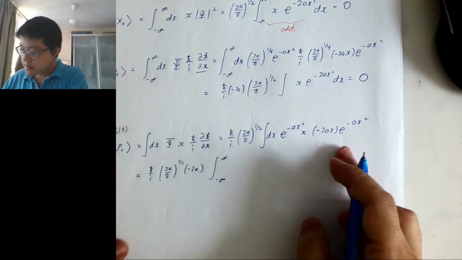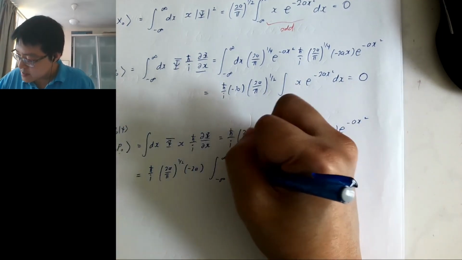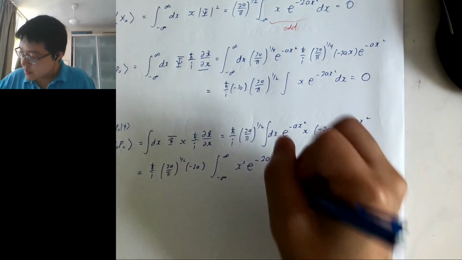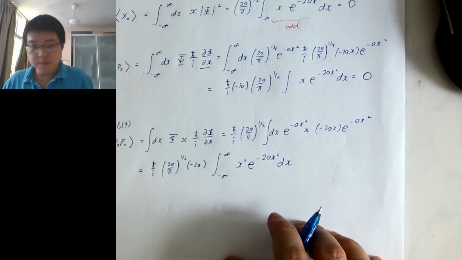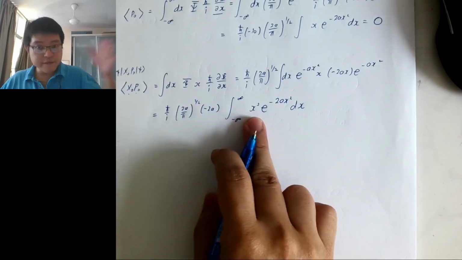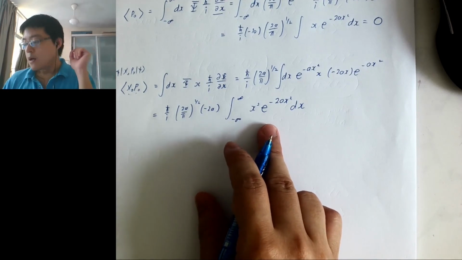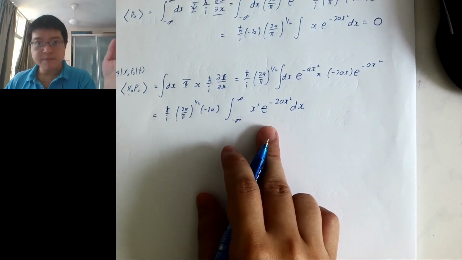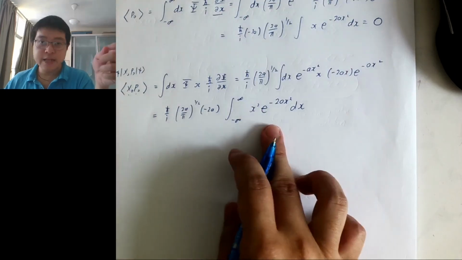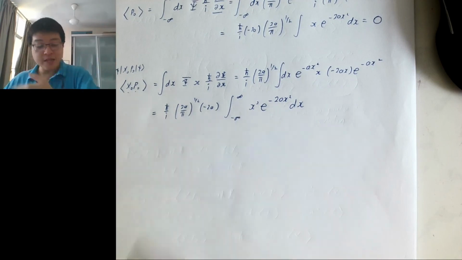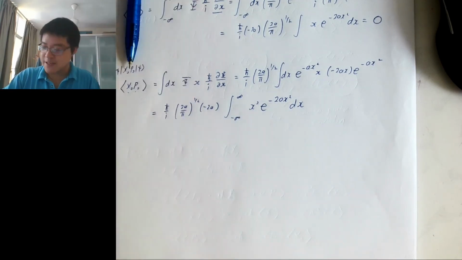So I've got x times x, there is an x squared, e to the power of minus 2ax squared, and I want to integrate this with respect to dx. This is an even function, so the integral is not 0. If you read the chapter 7 example, it mentioned that this was a question that will appear in tutorial 3. So partially, I'm also solving tutorial 3 together as well.